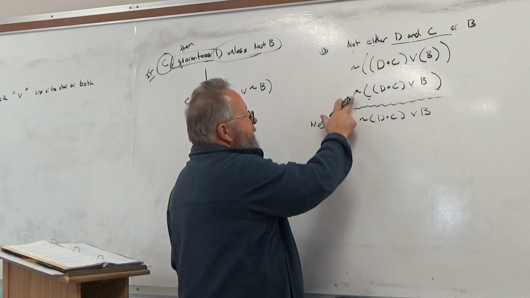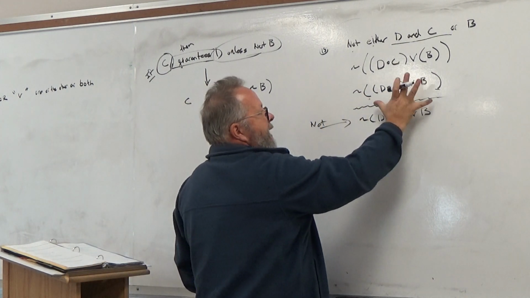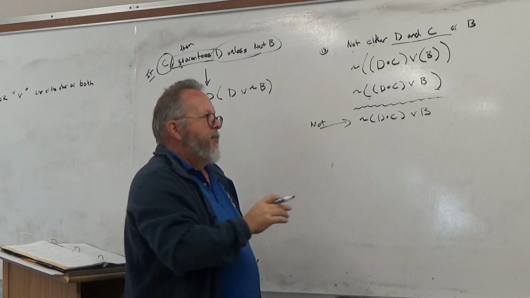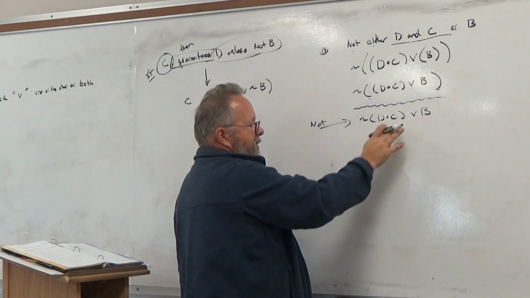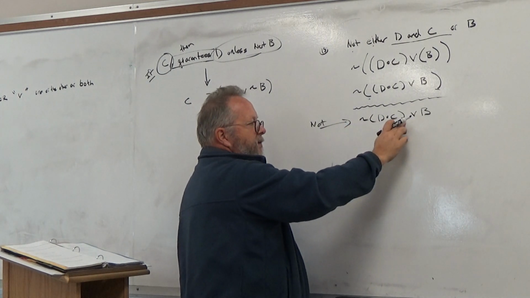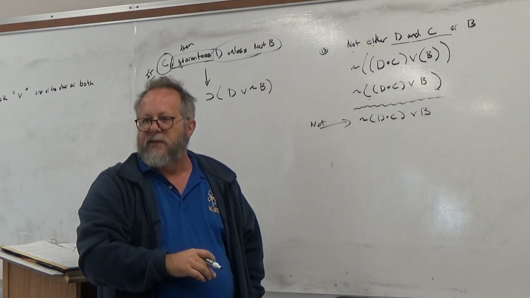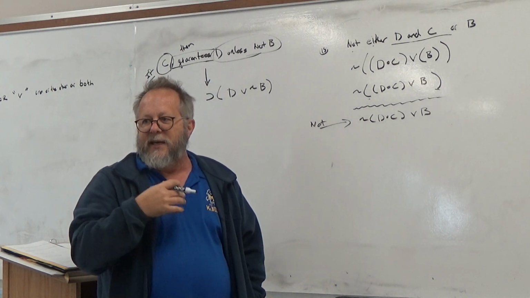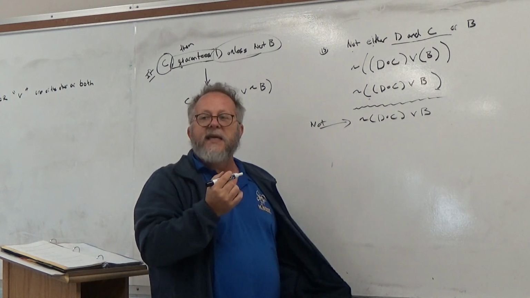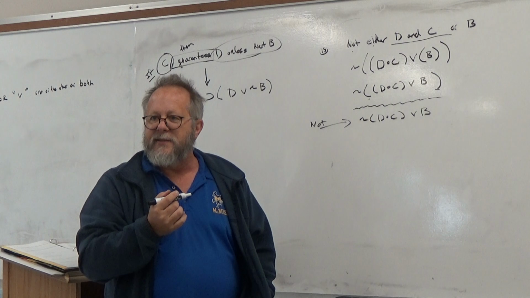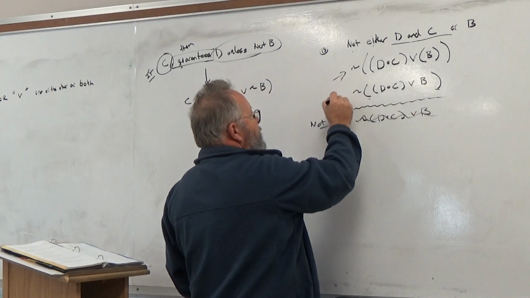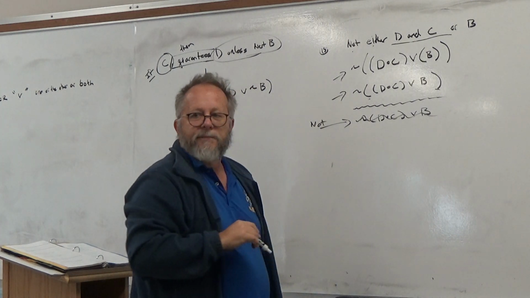And if you look at this, the negation applies to all this, which is an or. Everybody got that? But this one, where we lost another set of parentheses, this negation applies to a what? A conjunction. Does everybody understand that? And we didn't say not both D and C. We didn't say that. So this is too far. So this or that is correct.